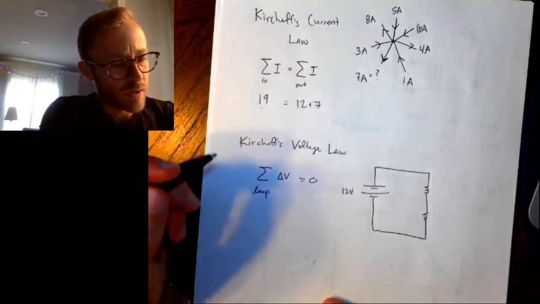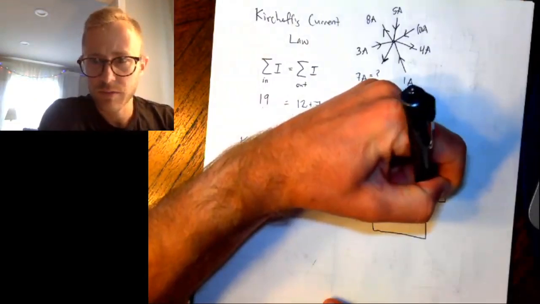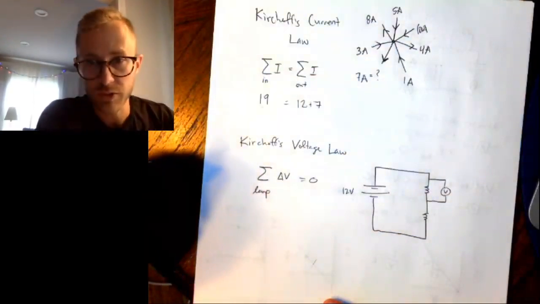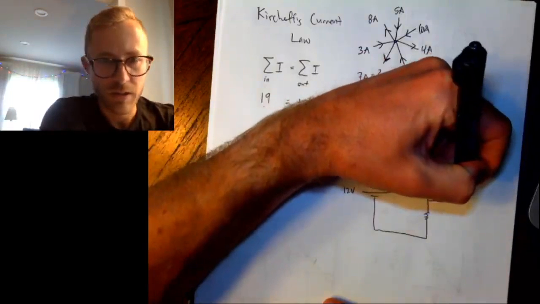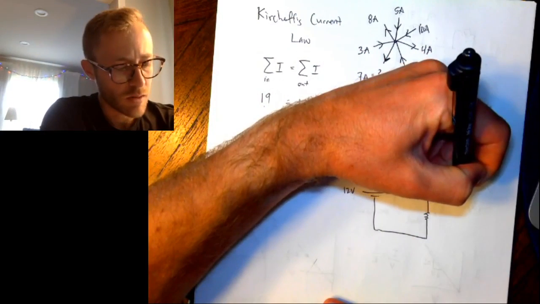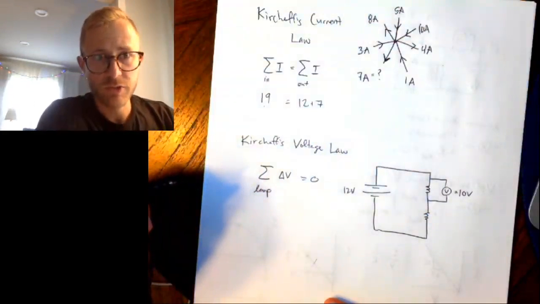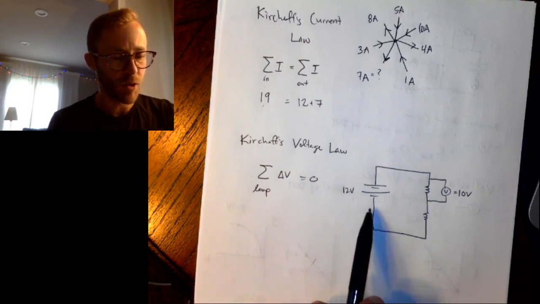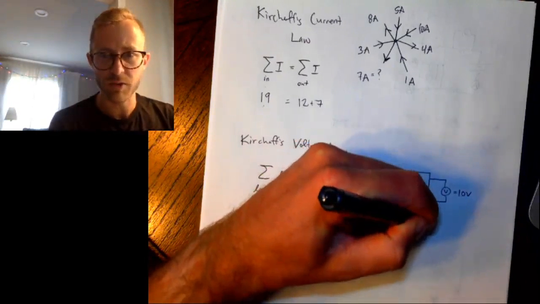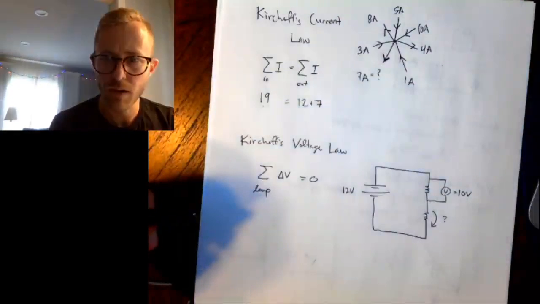And then I have a voltmeter right here that's measuring this voltage, and maybe this reads out 10 volts. Now resistors sort of use up voltage, so they're going to have a drop. I want to know, what is the voltage drop across this unknown resistor?